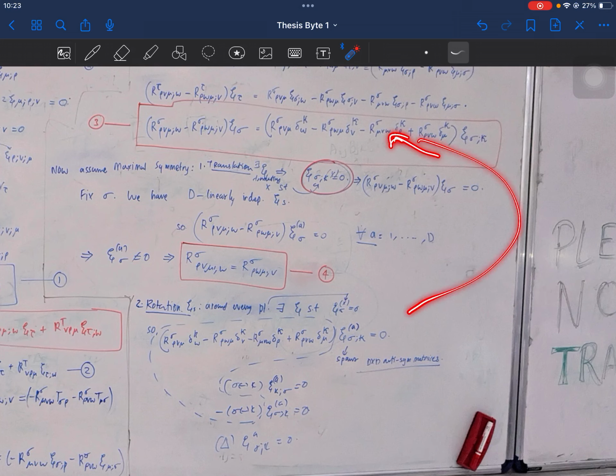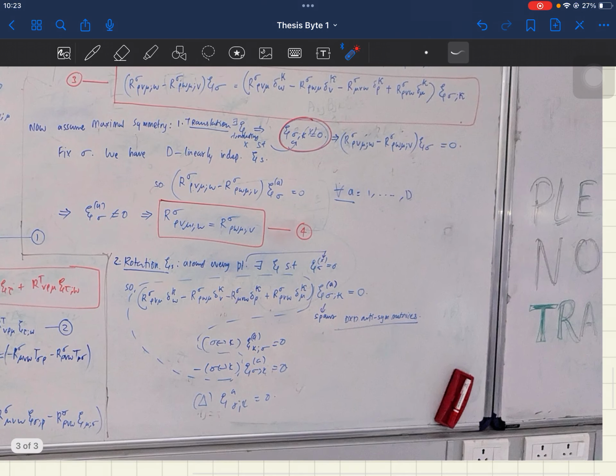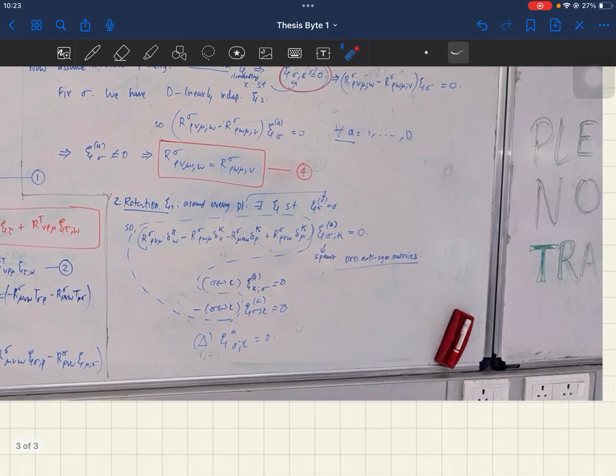So yeah, you get a symmetry. You end up with a symmetry condition on this under sigma and kappa interchange. You impose that condition and you get the main equation.